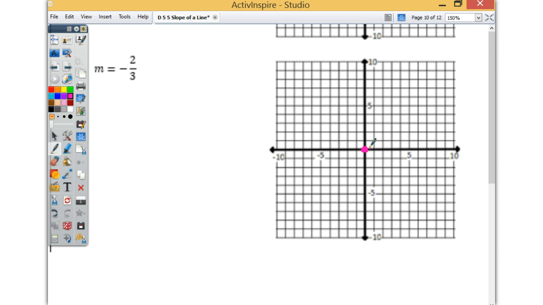I'll give you a couple seconds to make your line. Now, either assign that negative to the top or to the bottom. So you can start out with a -2, preferably. Usually you have it assigned to the top number, but it would also work if you go 2, when we go backwards, 2 over a -3.